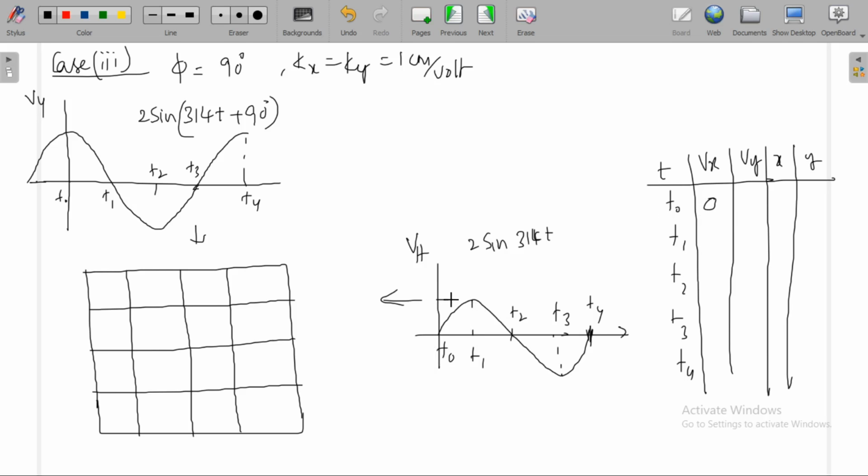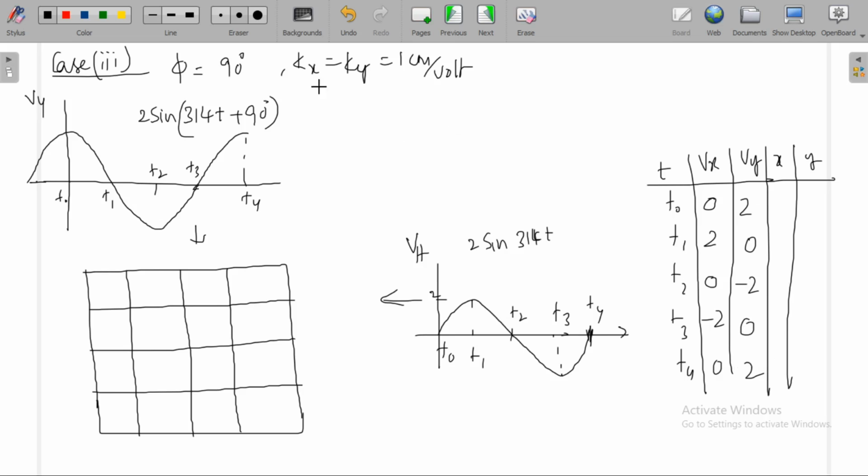At T1 maximum voltage will be 2. At T2 it is 0. At T3 it is minus 2, the negative maximum. At T4 it is 0. What is Vy? At T naught, 2 sine 90 means you are going to get 2. At T1 0. At T2 minus 2. At T3 0. At T4 2.